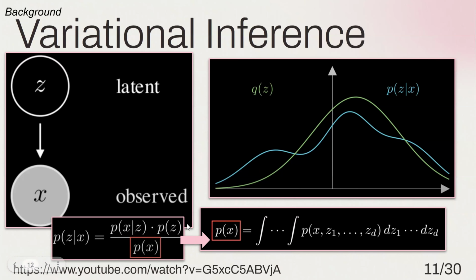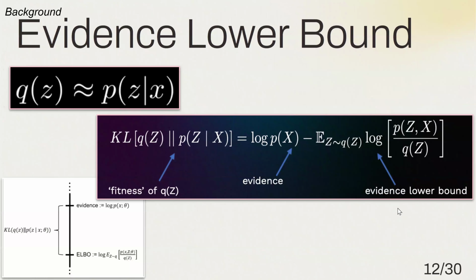But the issue that comes up in this whole problem is that this denominator is considered intractable. Because to evaluate this, you have to integrate over all the possible values of z, which is the latent variable. And when it's in a high dimensional space, it's basically computationally impossible to compute.